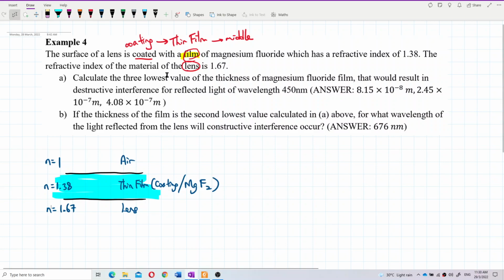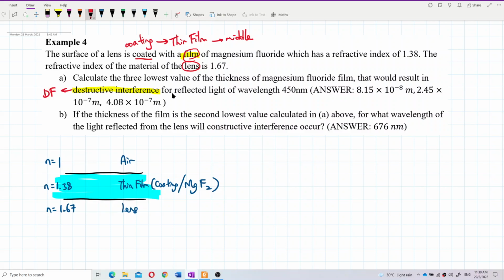So the three lowest values of the thickness of the magnesium fluoride film that will result in destructive interference. Also look for this keyword, destructive interference. Destructive interference means it forms a dark fringe.